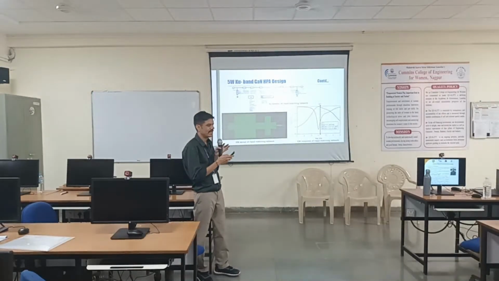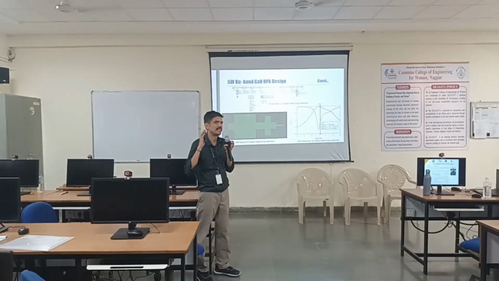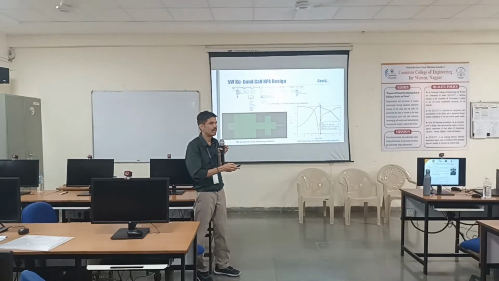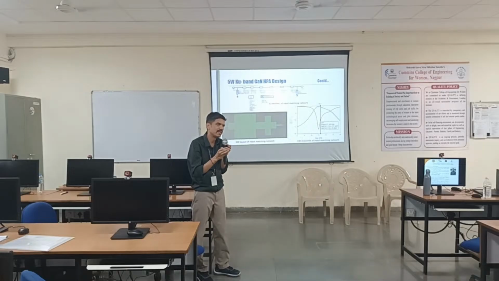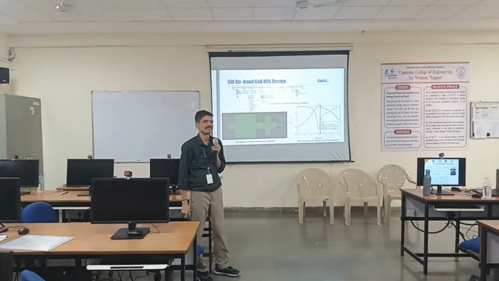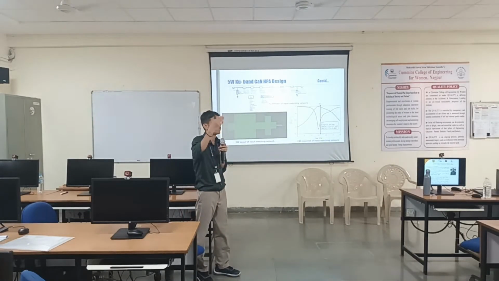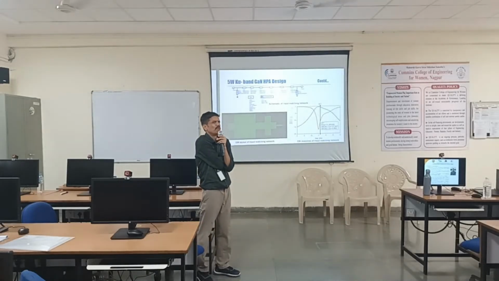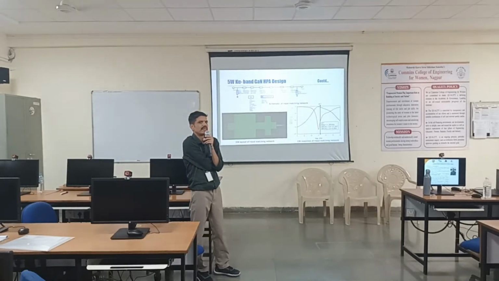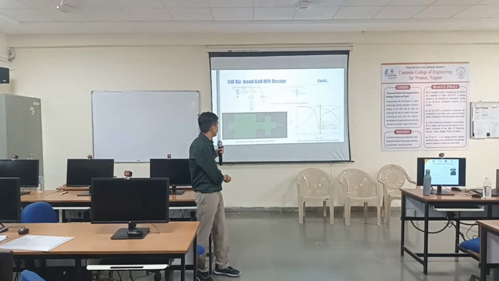Why? Because most of the GaN transistors' output impedance will lie closer to 5 or 7 ohms. Whether output impedance will be close to 40, 35, or more than 30, anything more than 25, 30 will be a piece of cake job for an RF designer to translate to the 50 ohm impedance.